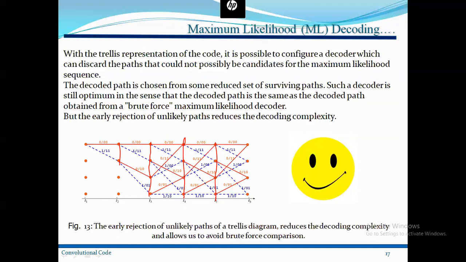It is just like the best path will survive, and the path which is not suitable will be eliminated, right?